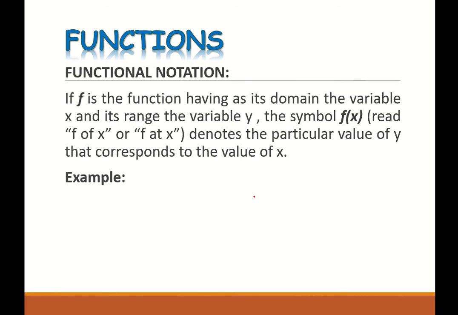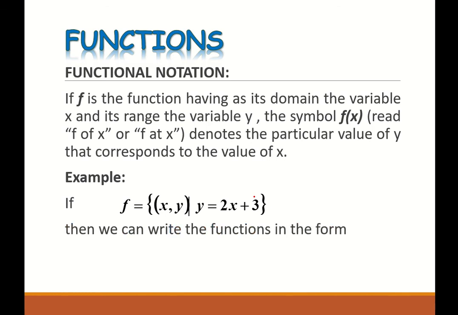For example, if f contains an ordered pair of elements x and y such that y equals 2x plus 3, then we can write the function in the form of f of x equals 2x plus 3.